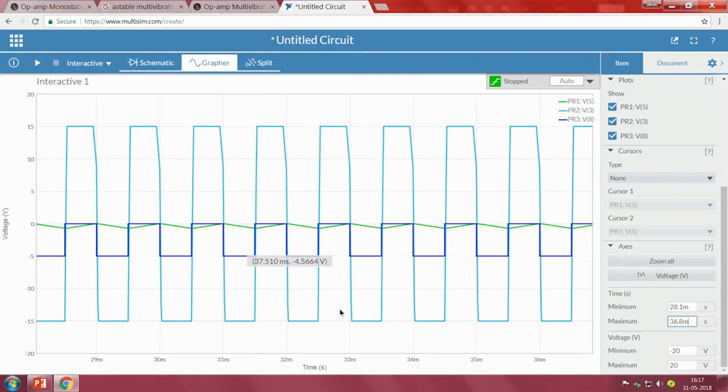In such cases, what we require is that whenever we give a negative triggering pulse, it should be negative for a particular duration of time, and then it should go to 0. So, how do we create it?